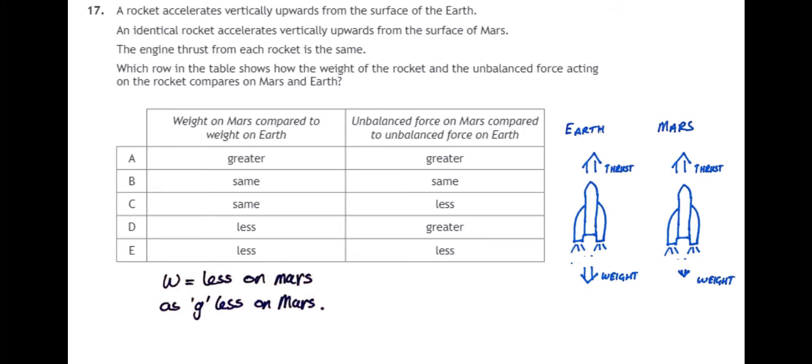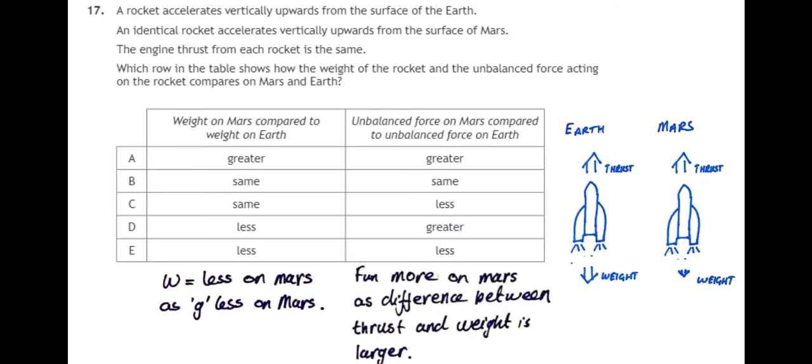A smaller weight means that the unbalanced force, so the difference between the thrust and the weight on Mars, is going to be greater than the difference between the thrust and the weight on Earth, because they have the same thrust, but the Earth's weight is larger than Mars's weight. Answer D.